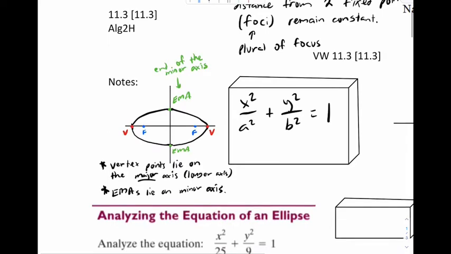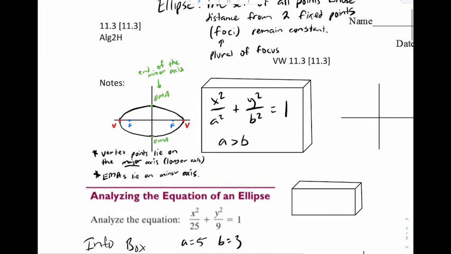So a little detail we're going to add in here is that this formula is the assumption that A is larger than B. So if A is larger than B, and it's written like this right here is our orientation. Notice how it's longer on the x-axis. In class, we'll sometimes refer to this as like football form, because it kind of looks like a football like this.